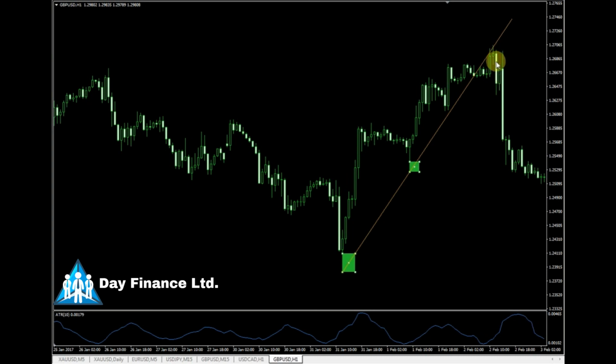I would sell around here, but it will be tricky, so let's see if we can use the second one. Yeah, this is better right now. So I have this candle here.